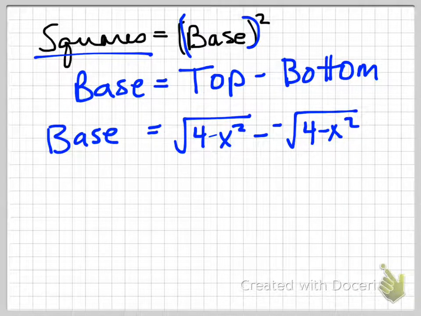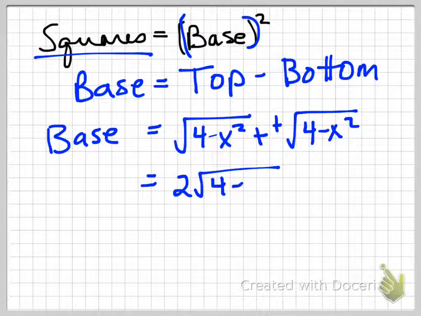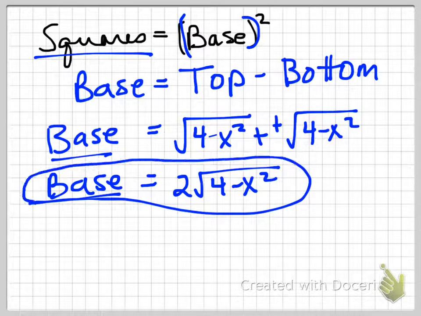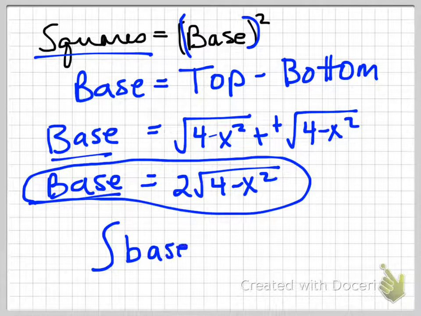So the square root of 4 minus x squared plus the square root of 4 minus x squared is 2 square roots of 4 minus x squared. That's my base, and anytime I need the base in a formula, I've got it right here. So the formula for squares is to integrate the base squared.